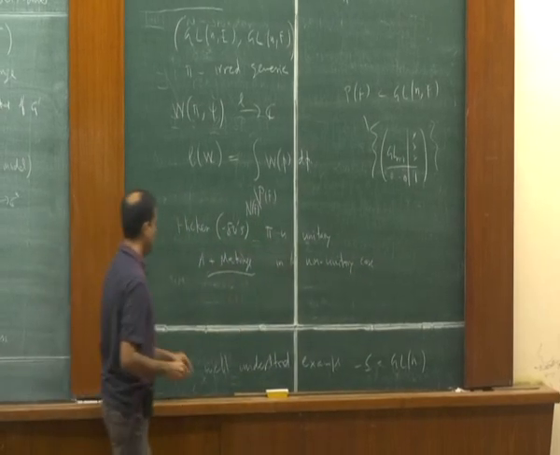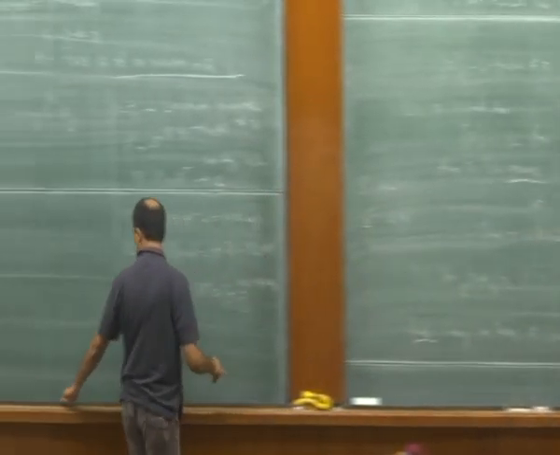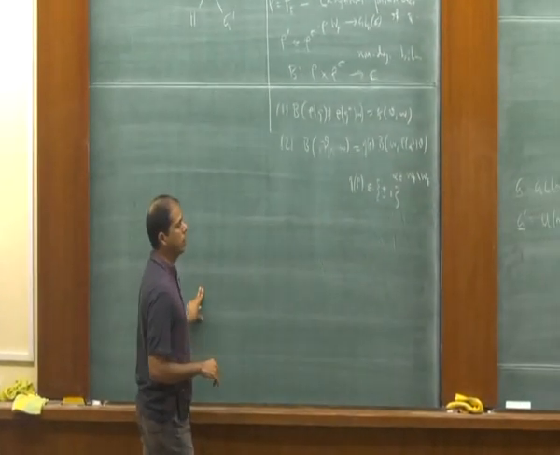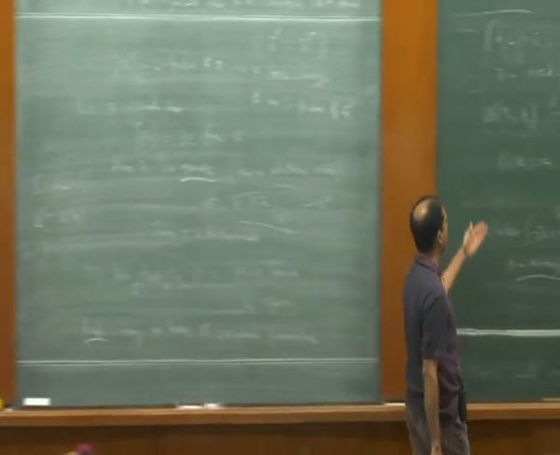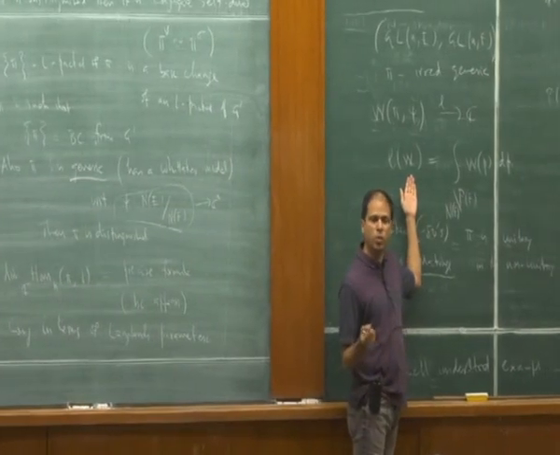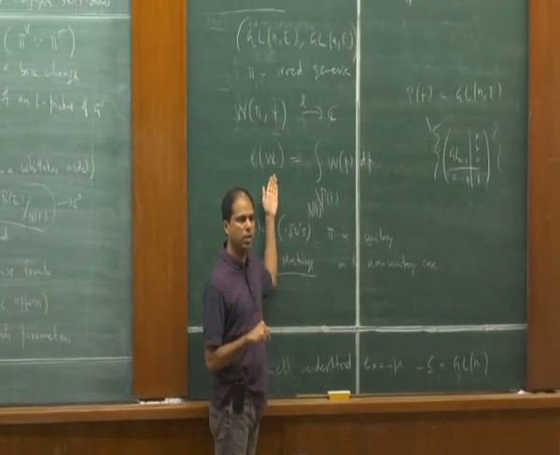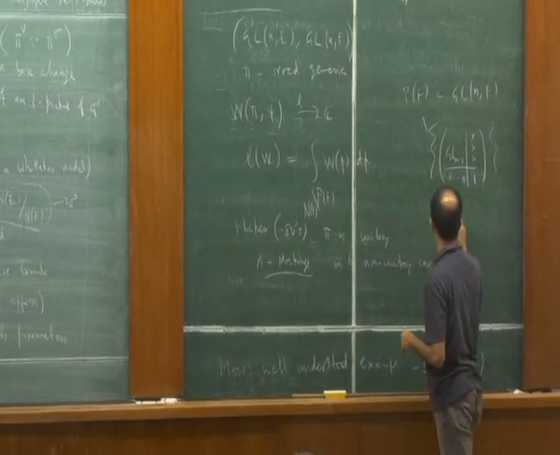So you have a candidate, and you have a good candidate, but there's nothing obvious about it. First of all, it's not obvious that this is a non-zero linear form. But that can be more or less easily done. One can show that this L is not identically zero.